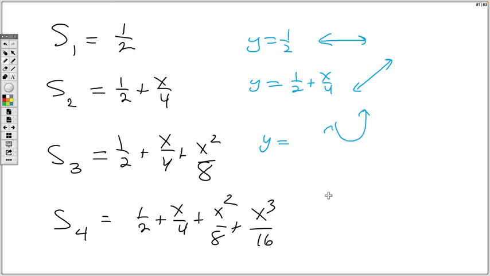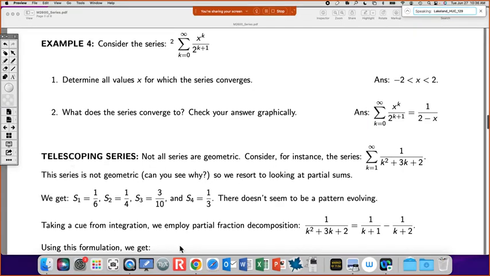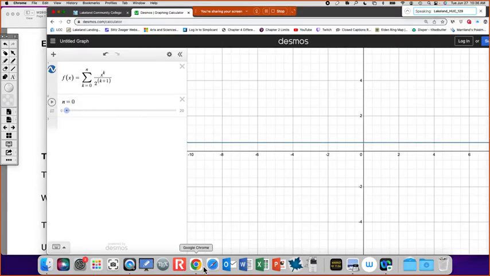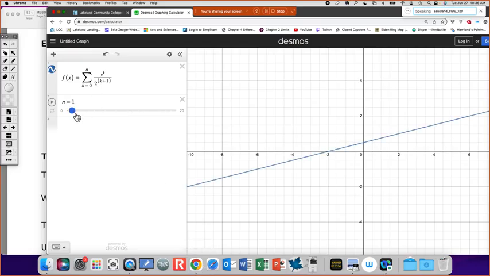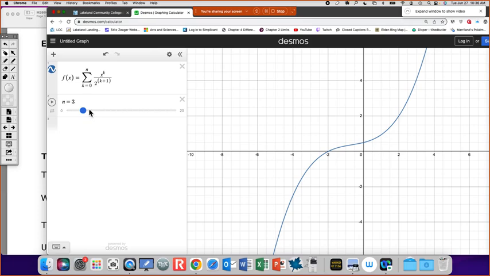So these partial sums are polynomial functions, and yet somehow they're going to add up to this rational function. So let's watch what happens here. You with me or not, folks?